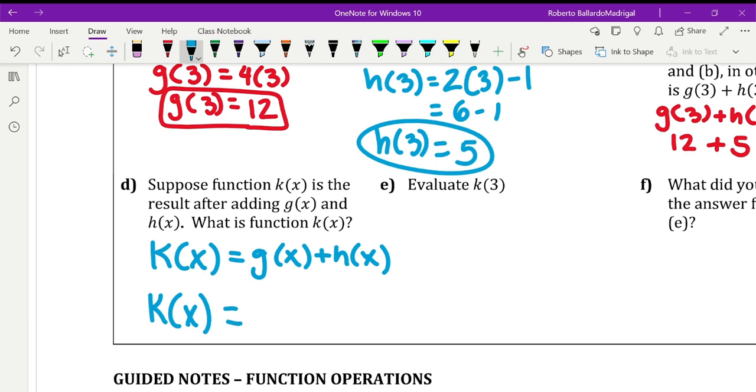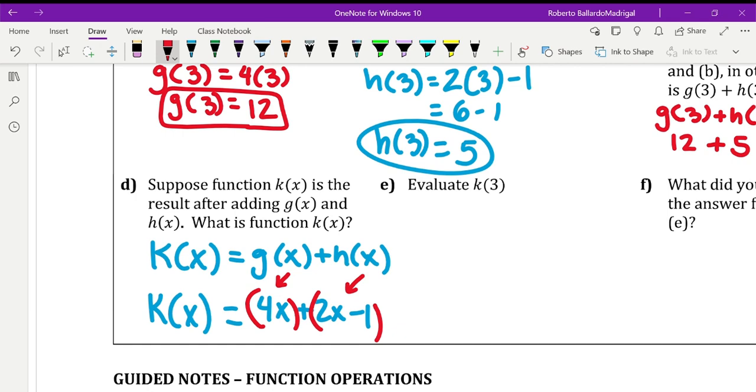G of x is 4x. H of x is 2x minus 1. All right? Once again, g of x is 4x. H of x is 2x minus 1. Matter of fact, I'm going to place parentheses just so you know which one is which.